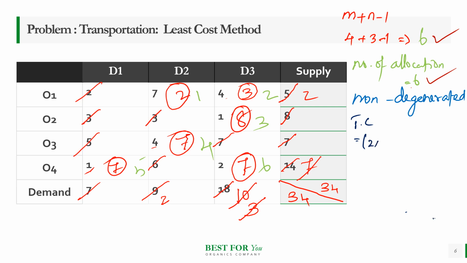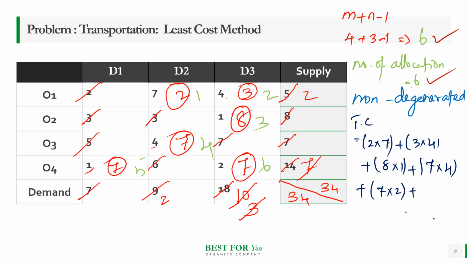So it is 2 into 7 plus 3 into 4 plus 8 into 1 plus 7 into 4 plus 7 into 2 plus 1 into 7. This way we arrive at the total transportation cost of 83.